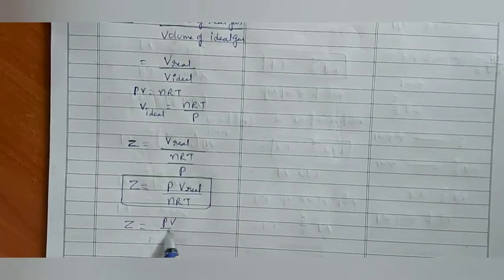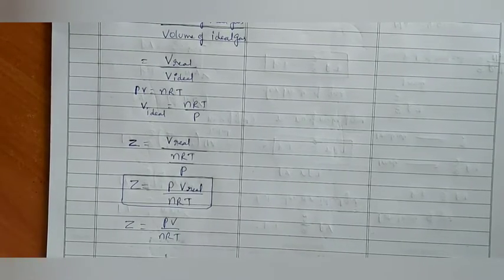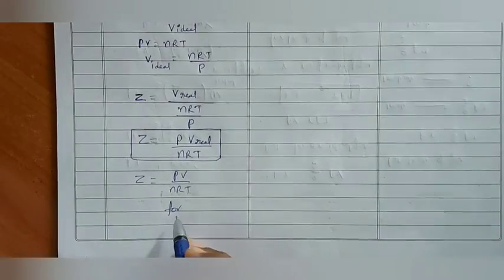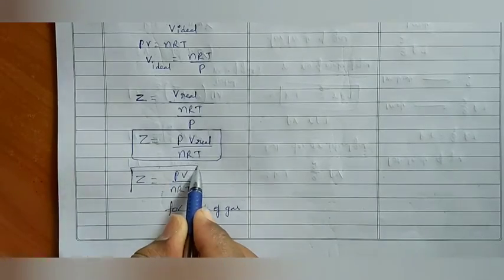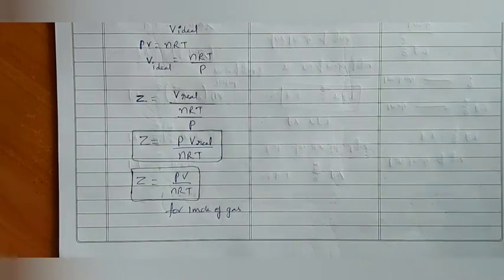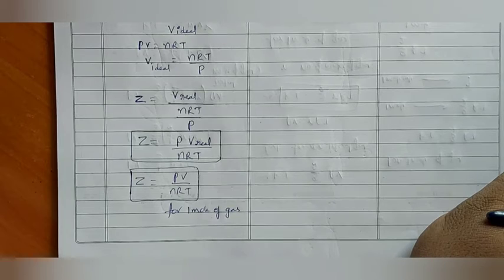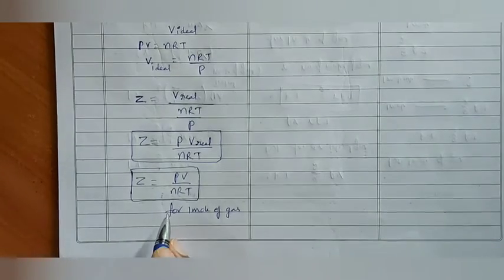Z is equal to PV by nRT for 1 mole of gas. This is the compressibility factor.